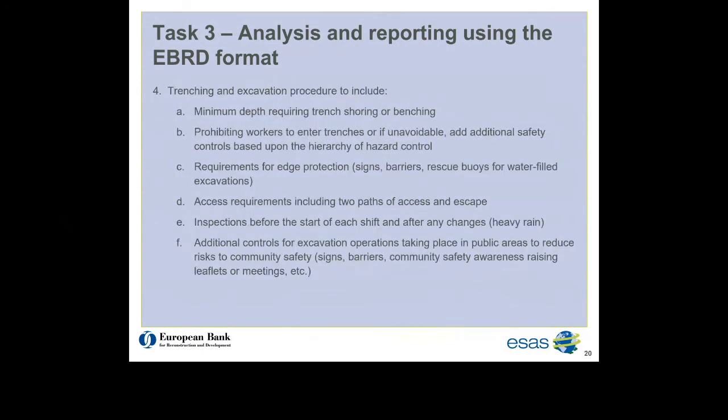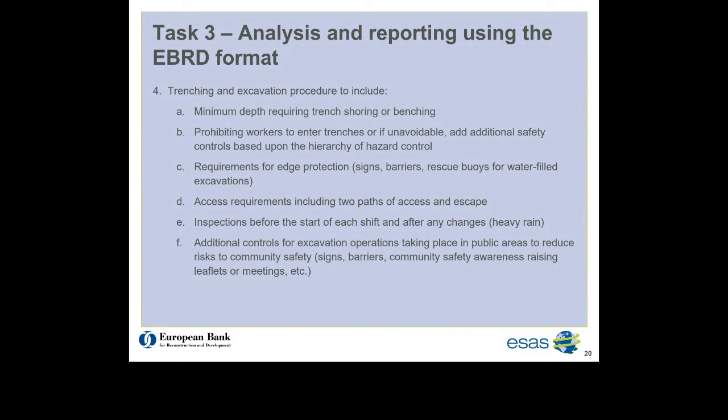With regard to trenching and excavations, the project needs to develop a trenching and excavation procedure, which details the minimum depth at which trench shoring or benching is required, which prohibits workers from entering trenches, or if this is unavoidable, adds additional safety controls, again, based upon the hierarchy of hazard control and informed by risk assessment.